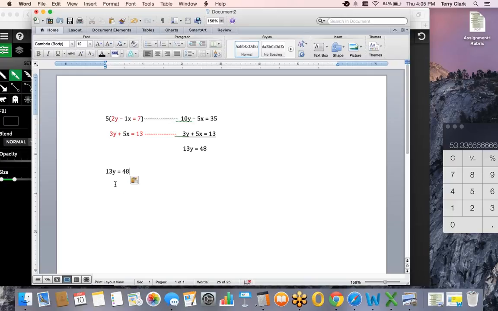So I'm going to divide both sides by 13. 13y divided by 13 equals 48 divided by 13. And that's going to leave me with y equals 48 over 13.